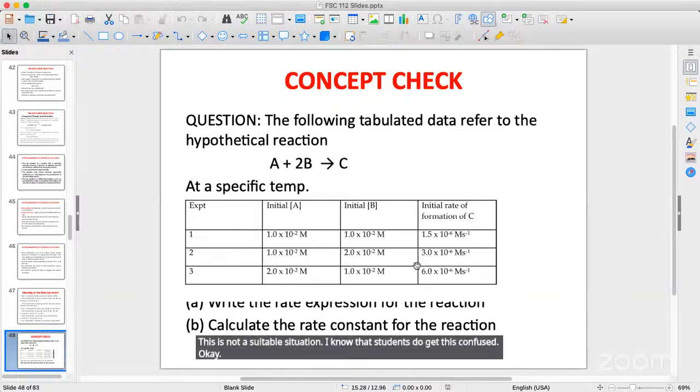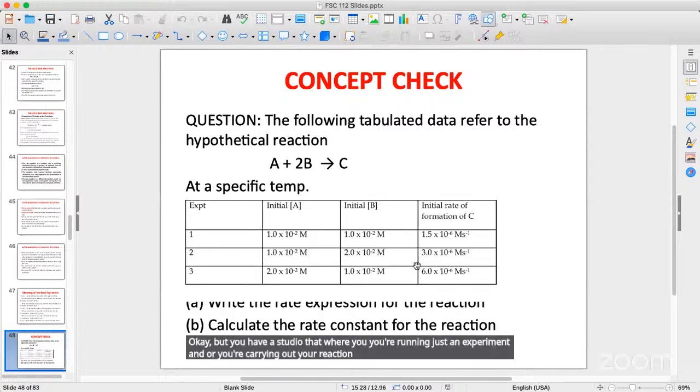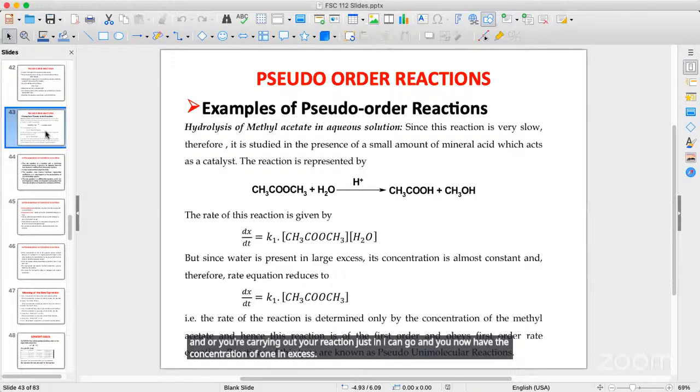A pseudo-order is where you're running just one experiment, carrying out your reaction in one go, and you now have the concentration of one reactant in excess.